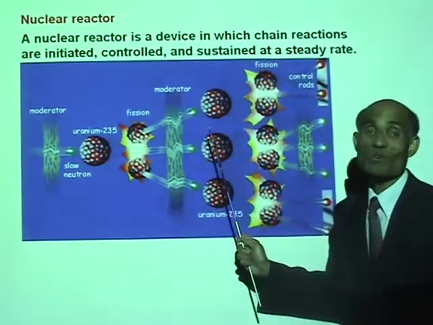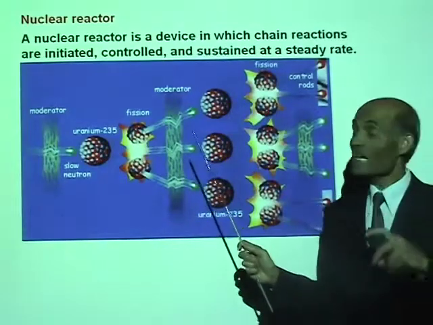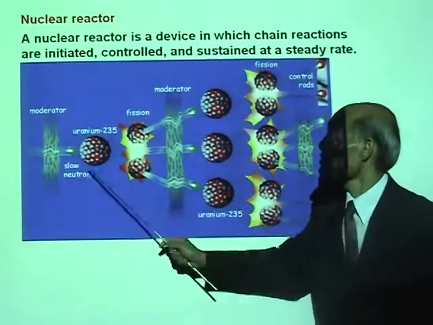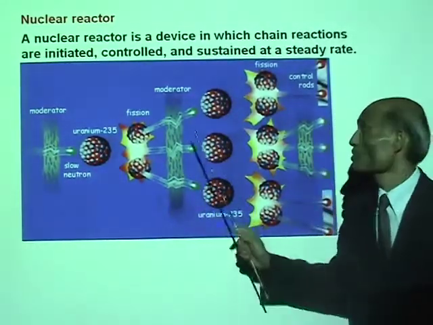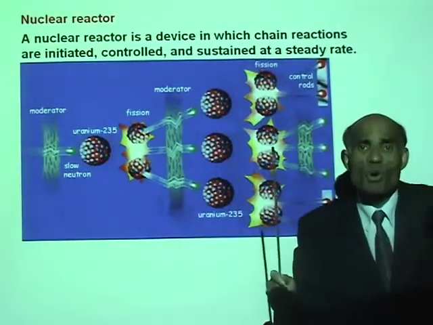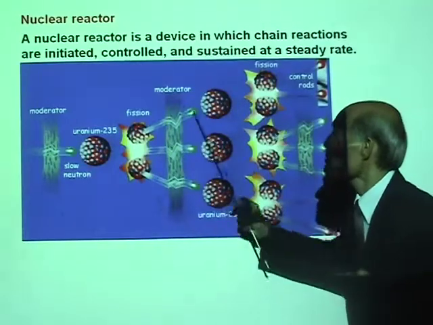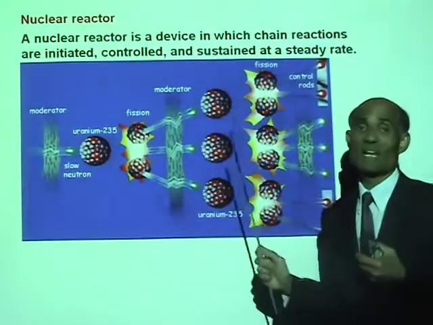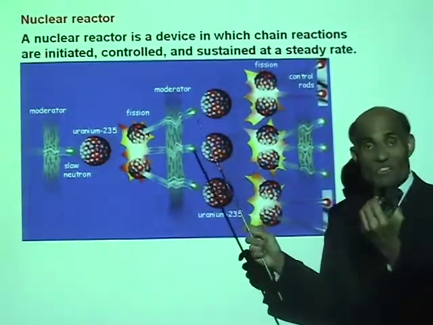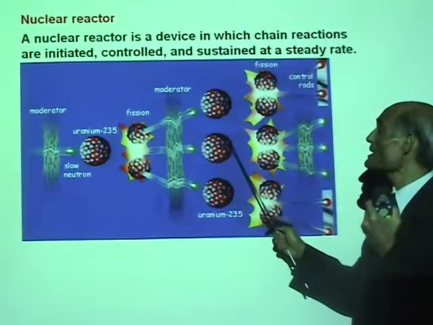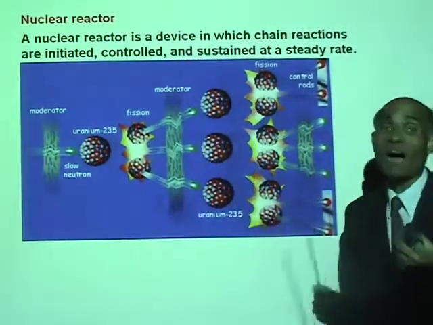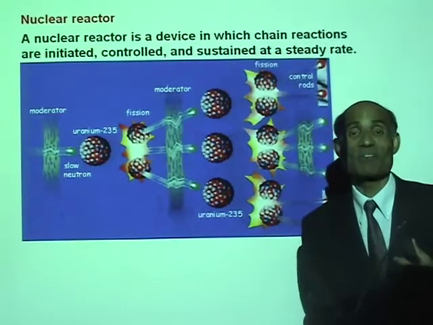Now, what does the moderator do? The neutron absorber will remove some, and the other neutrons are actually slowed down by the moderator, so that slow neutrons can then be absorbed by other uranium-235 nuclei.